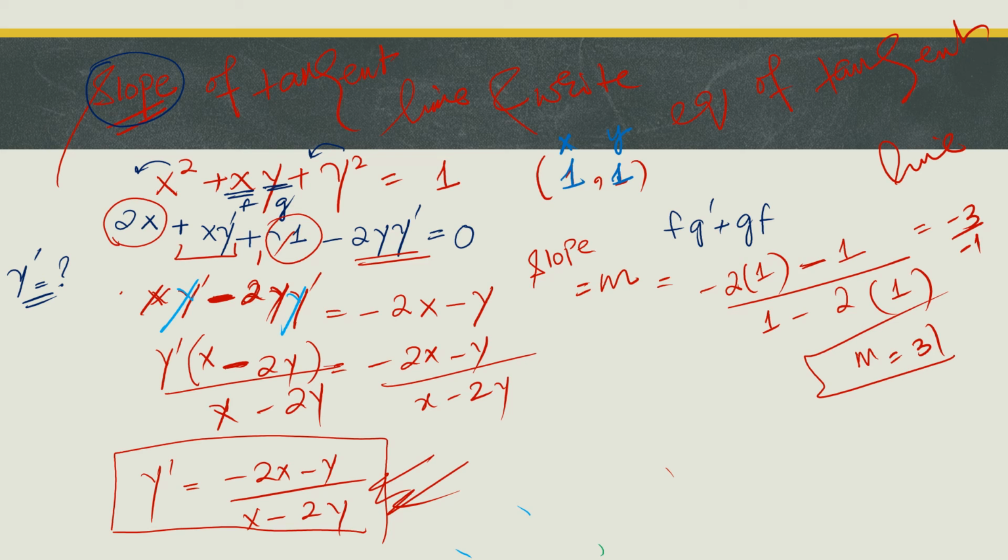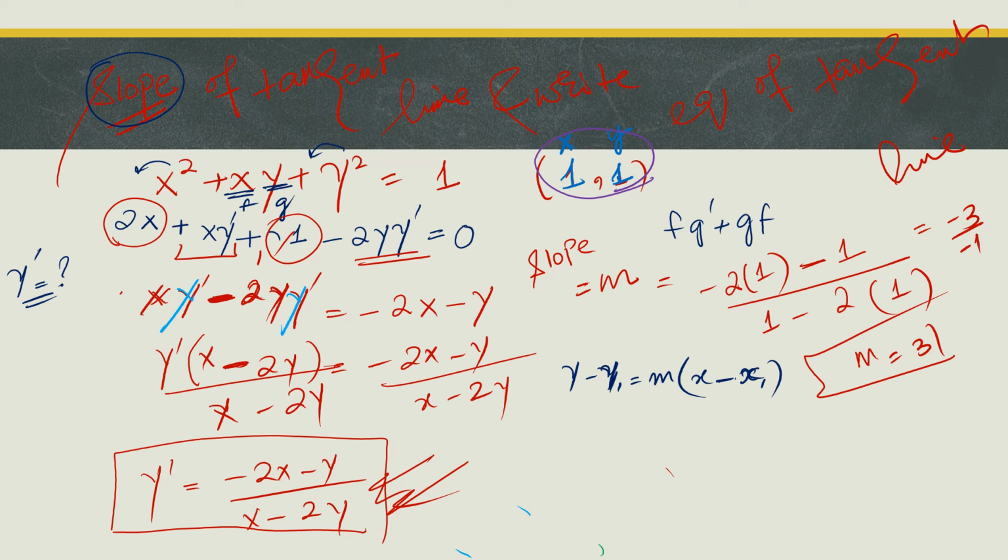Now write out the point slope form in order to finalize and write the equation of the tangent line. According to the point slope form, y minus y1 equals m bracket x minus x1. Now look at the points y1 and x1. You can get them again from the question.